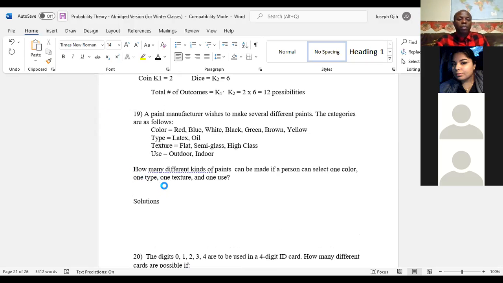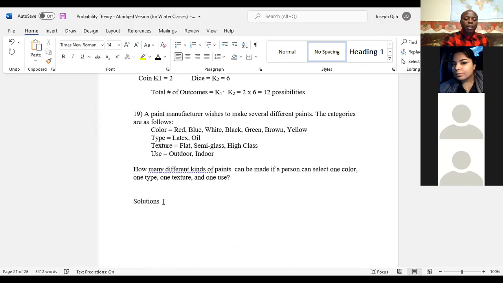So now, let's start with color. Let's say that color is our K1. How many colors do we have? 7. So 7 colors, K1 is 7. K2 can be 5. And we have 2 types, latex and oil, right? 2.